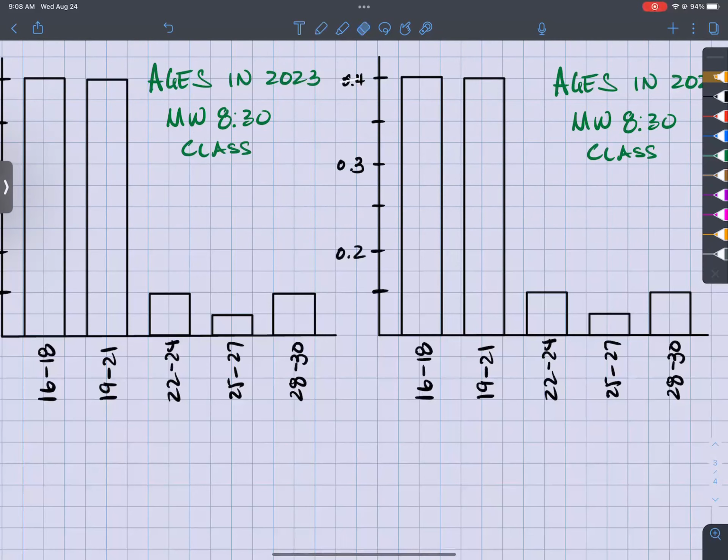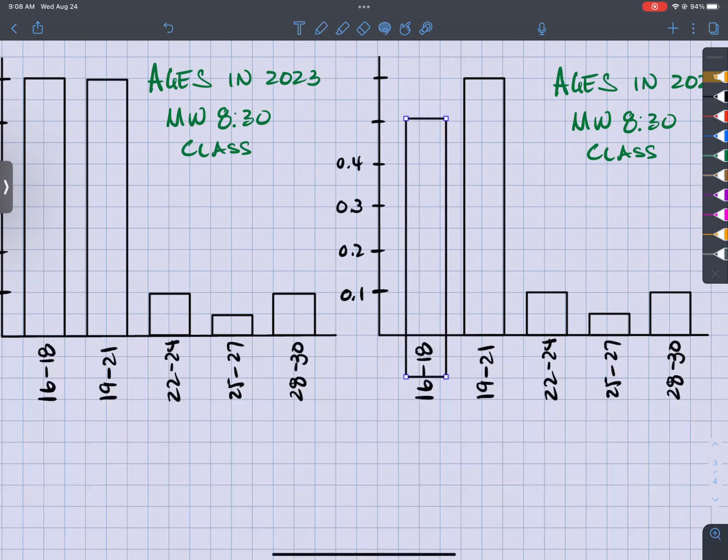That won't work either. You know what? Let me just do it this way. Oh, 0.6, 0.4.